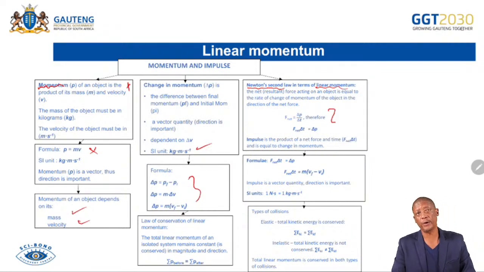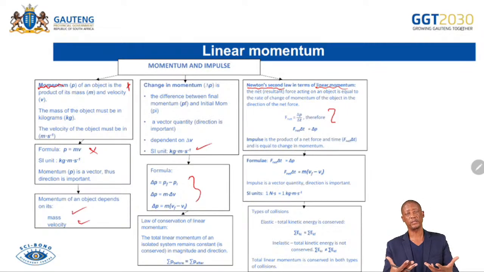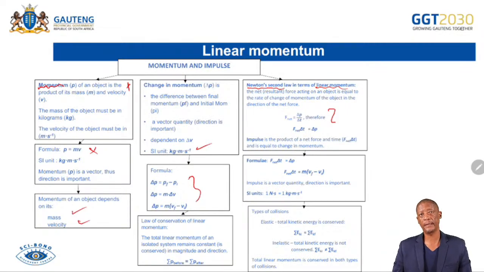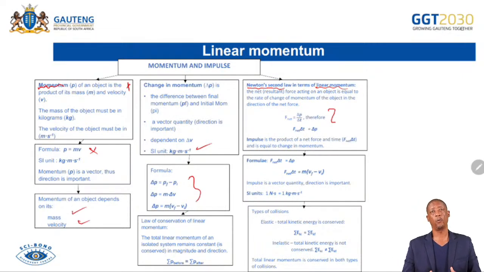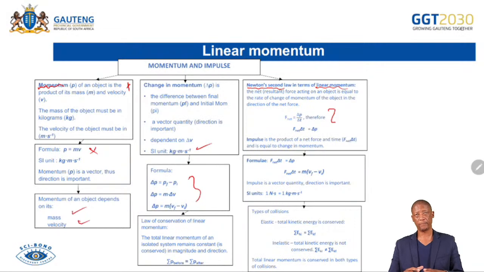Then we'll go to impulse. We'll talk about impulse and we'll define what impulse is. And then we will take examples of how impulse applies in technology, or how impulse applies in real life. So we'll be talking about that. And then we'll end the lesson there.